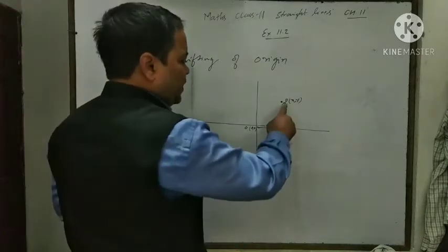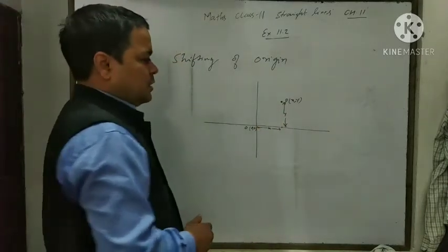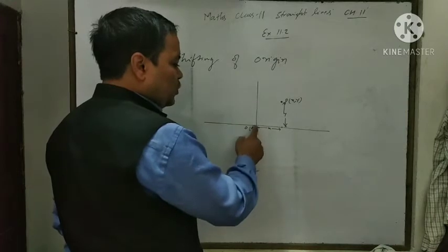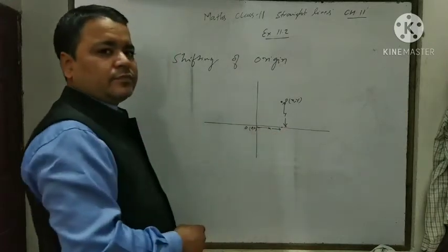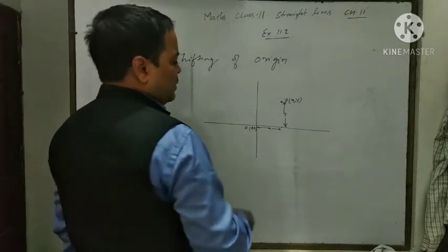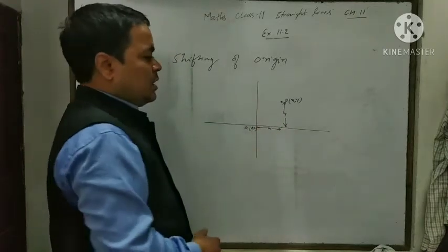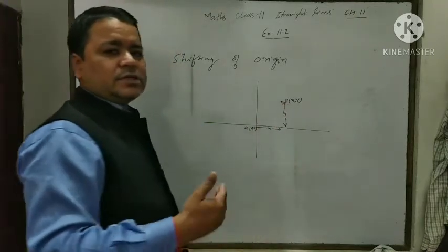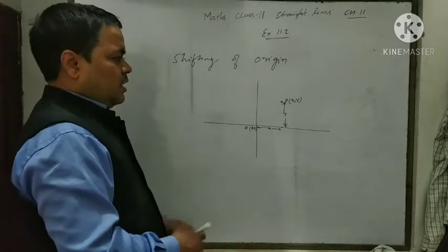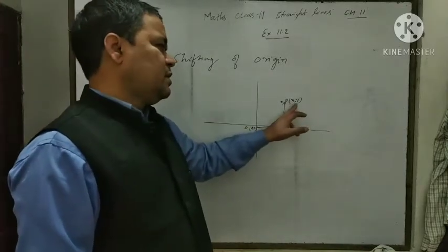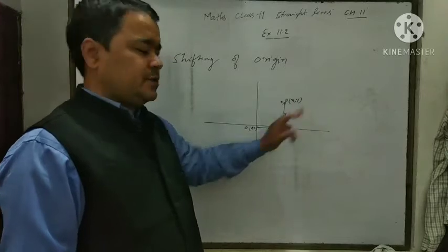If we take any point P, the x coordinate is the distance from the y-axis and the y coordinate is the distance from the x-axis. X is known as abscissa and y is ordinate.